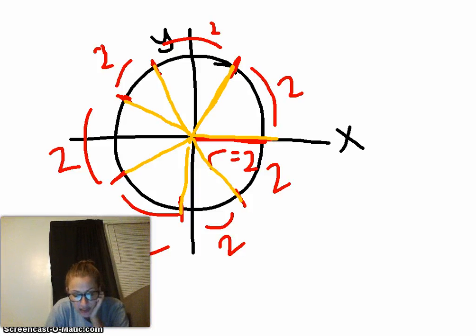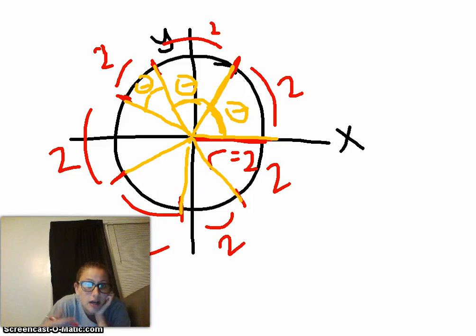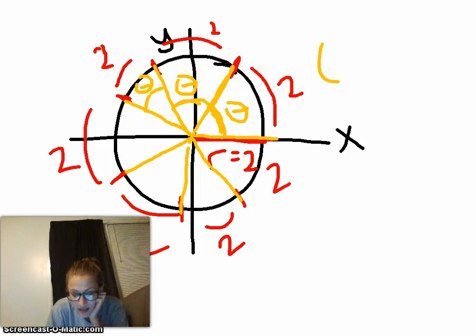If I measure the angle in this wedge, we'll call that theta, this wedge will also have an angle of theta, and they're all going to have an angle of theta.